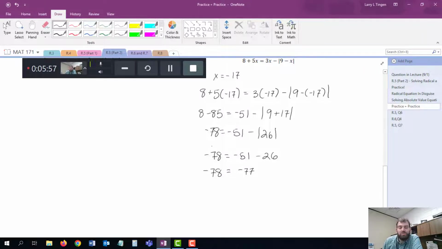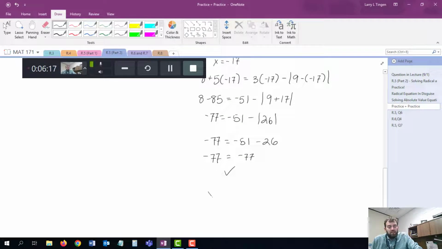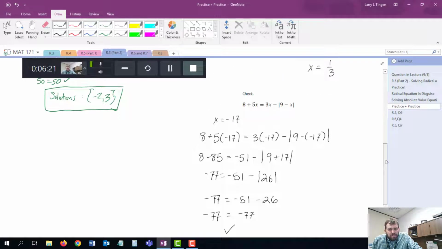And I told you I was going to make that mistake. Use the calculator on the left. 8 minus 85 is not 78. It's negative 77. So negative 77, this checks.